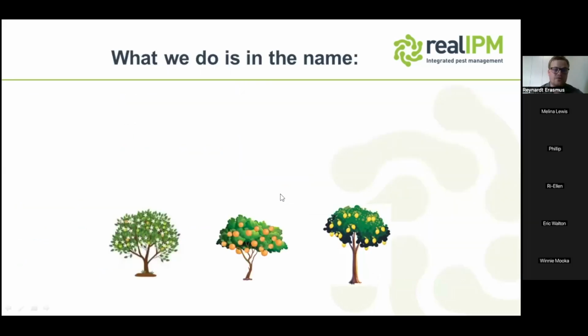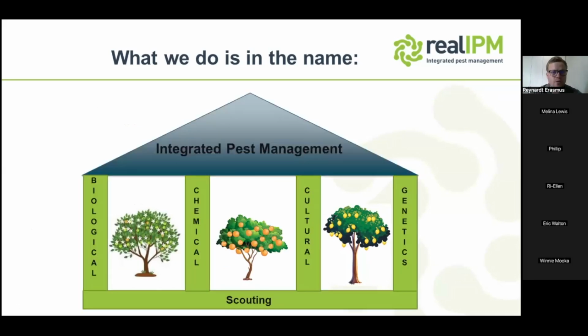What we do as realIPM is literally in the name: integrated pest management. And the best way to depict this is probably in the form of a house, where integrated pest management, or IPM, forms the roof of this house. Unfortunately, this roof is just as stable and strong as the pillars that it is built on.